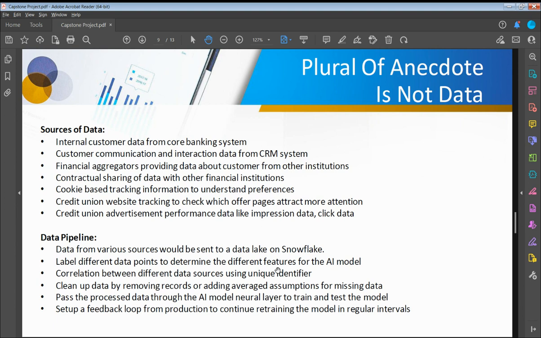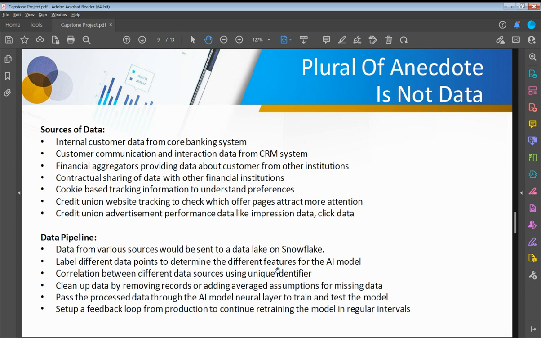Apart from that, once we have cookies on our website, we are going to use this cookie-based tracking information to understand a customer's preferences. Within the credit union's website, we are going to track how the user actually uses the website, which offer pages they pay more attention to and spend more time on, and then understand the preferences from there.